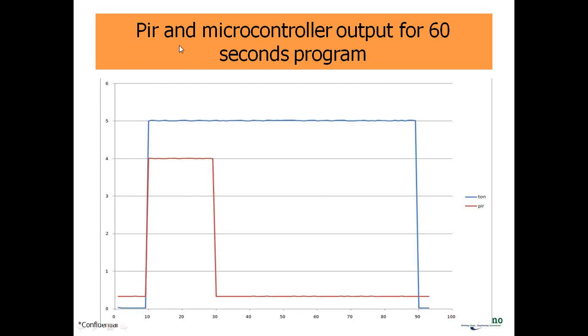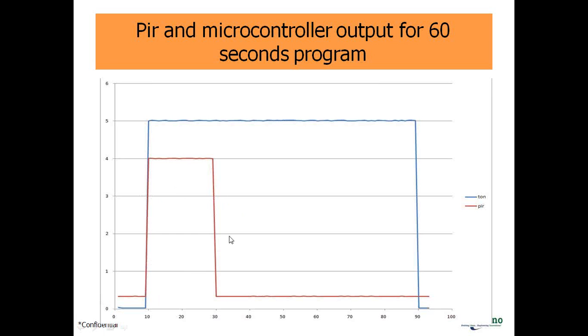Here the red waveform represents the PIR, and the blue line represents the microcontroller output. As I said previously, once the PIR detects any human, it remains on for 15 to 20 seconds.